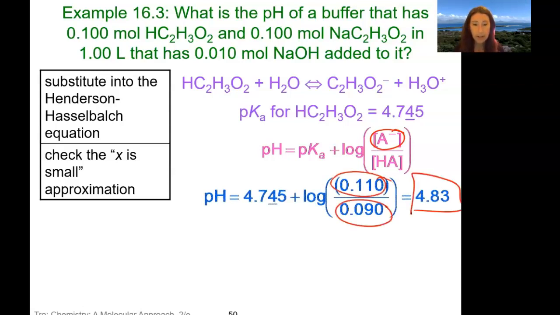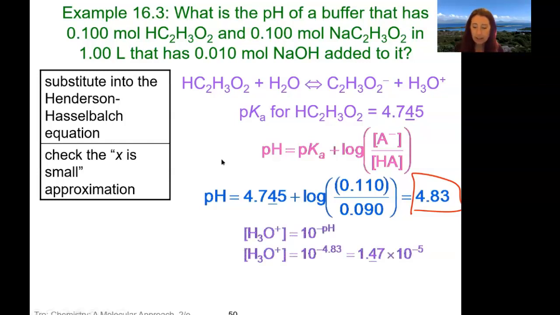And we get 4.83. So we get pretty much the exact same answer as we did when we did our ice table. So Henderson-Hasselbalch is so much faster. Now, you still have to do that mole table, but you don't have to do the entire ice table.